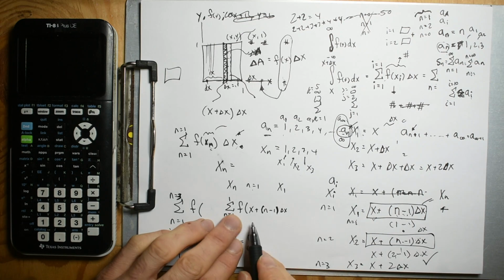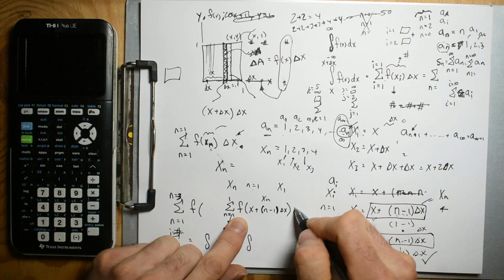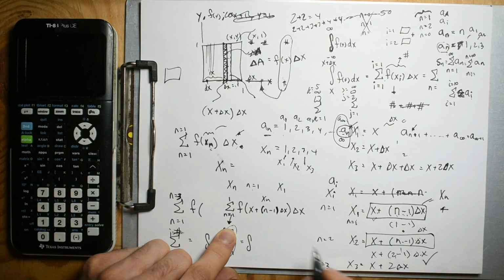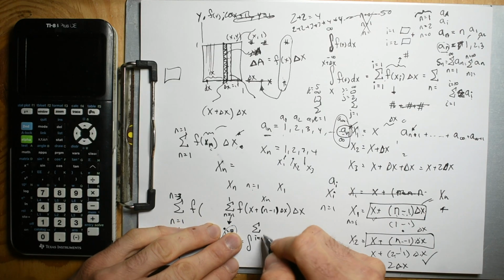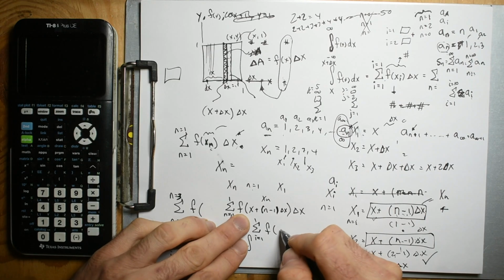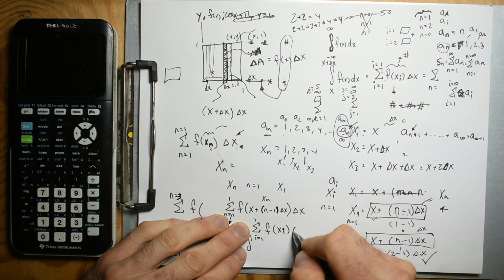All right. But this is x of n. And then we have delta x. So there you go. And if we did it with i's, we would have the summation of i is equal to 1 to 1, f of x of i, change in x.